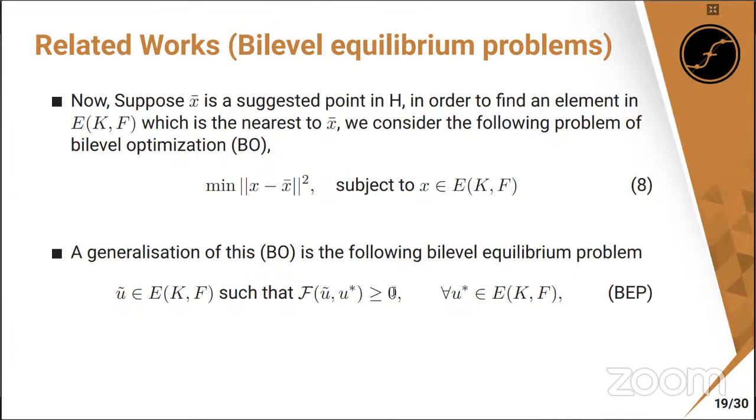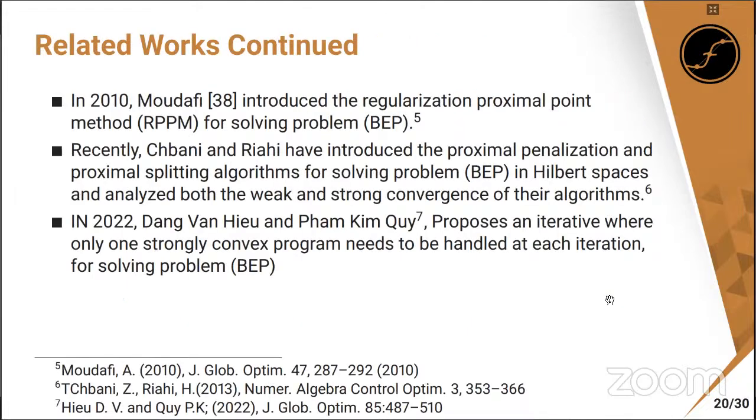So here the variational equilibrium problem is the problem of finding u tilde in the solution set of the equilibrium problem of f such that f of u tilde comma u star is bigger than or equal to 0 for every point u star in the solution set of the equilibrium problem. We identify this problem by VEP.